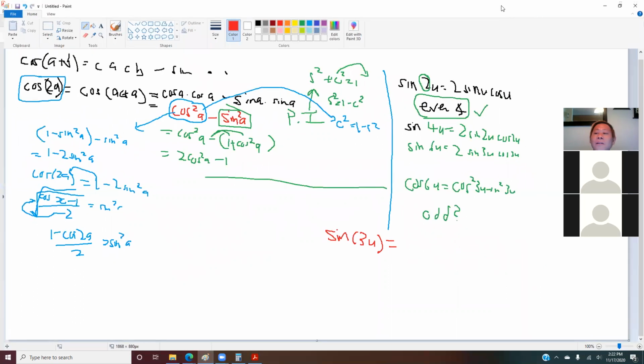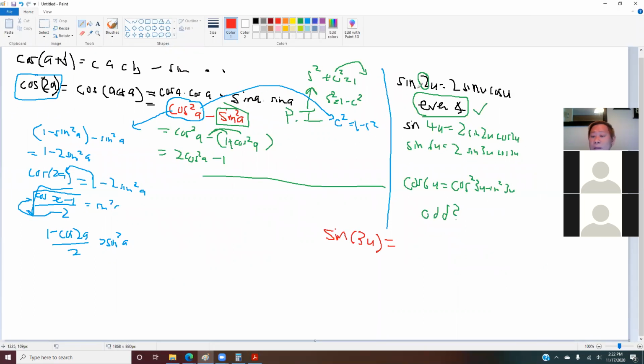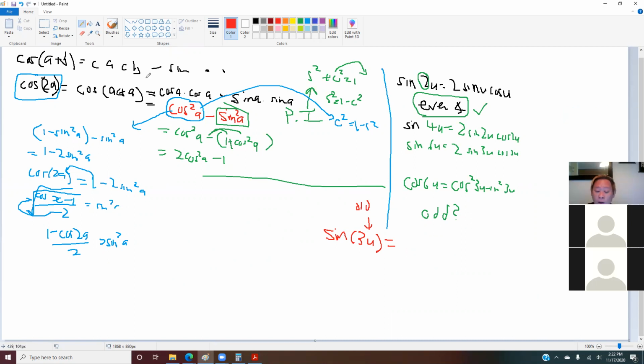Pay attention here. Because for 2, 4, 6 we can use the formula, but 3, 5, 7 are odd. We cannot use the formula anymore. So you actually have to use your addition formula. So sine 3u is actually sine of 2u plus u.